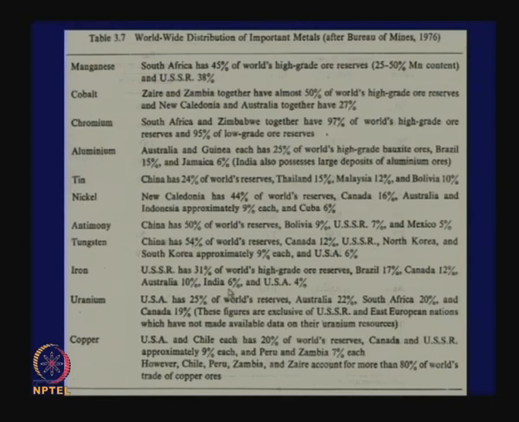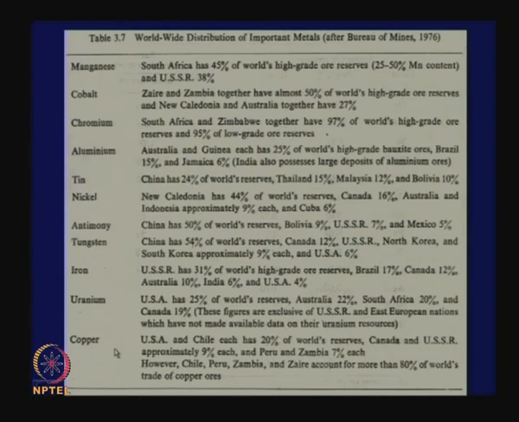Iron ore, India comes there. We have only 6% of iron ore, but we have high quality iron ore. Uranium, we do not have, and that is the big problem with India and all the nuclear treaty etc., is to look for this uranium from Canada or USA or Australia or South Africa who have uranium ores.